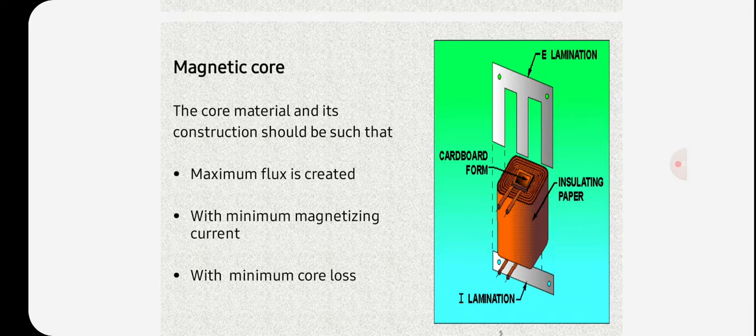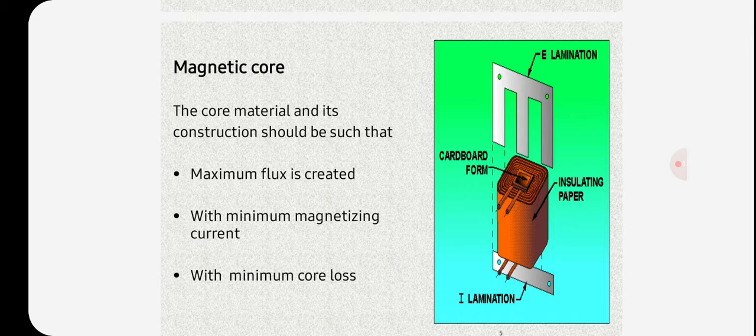The core laminations are joined in such a manner that the butt joints in adjacent layers are staggered. When we are setting the laminations, the butt joint is used for the construction of the core.